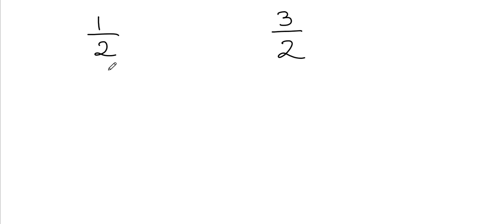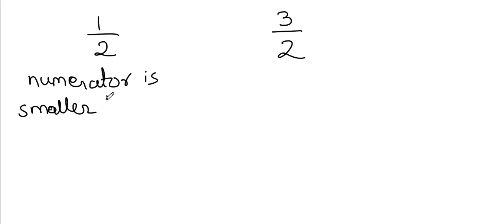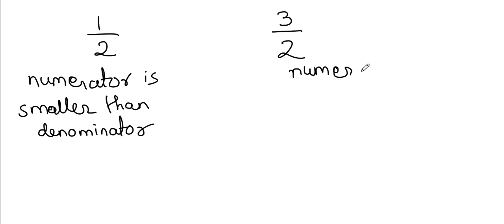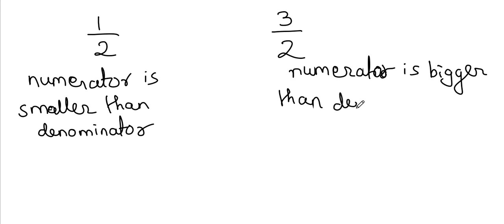In 1 upon 2, the numerator is smaller than the denominator, and in 3 upon 2, the numerator is bigger than the denominator.